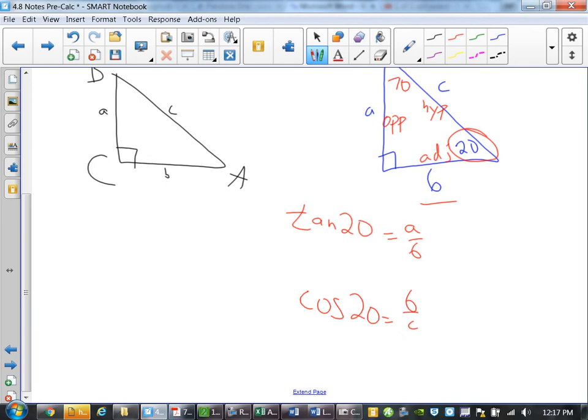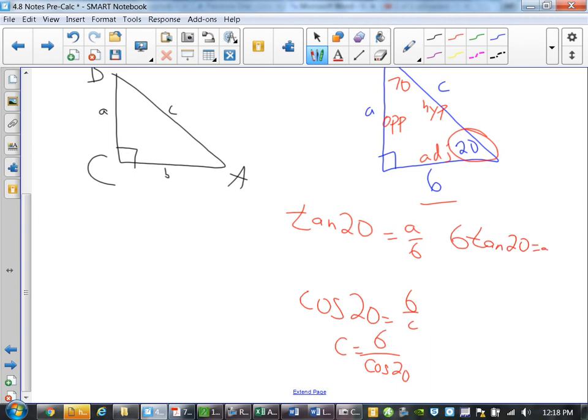Do you remember the shortcut for solving when the unknown is in the denominator? I know you guys have all done trig function problems for a long time. By now, you know that all you're doing is just switching them on that diagonal when the unknown is in the denominator. That means c is going to be 6 divided by the cosine of 20. A is going to be 6 times the tangent of 20.